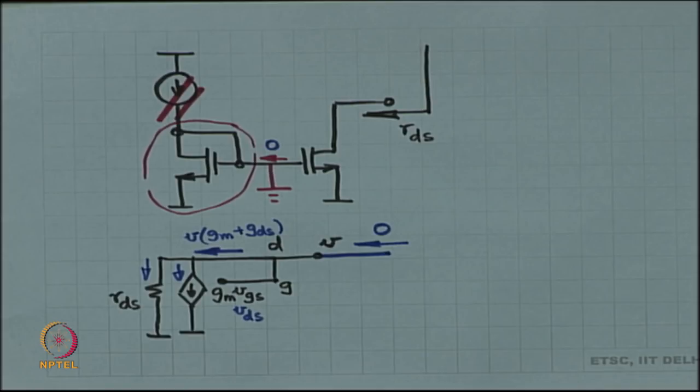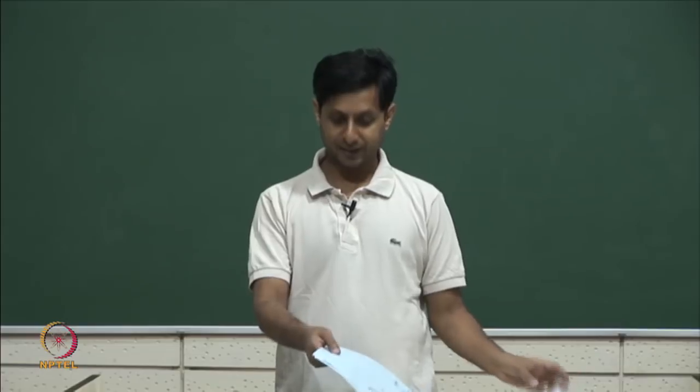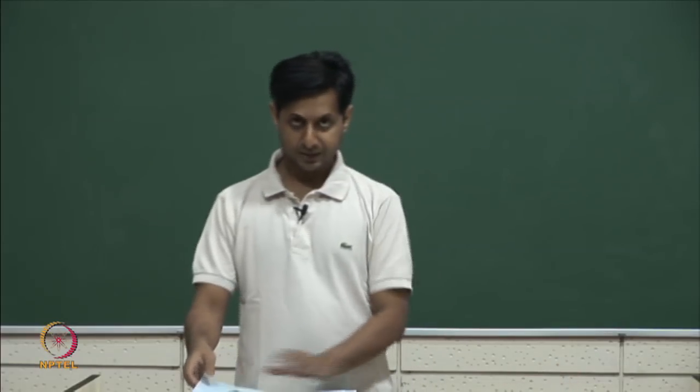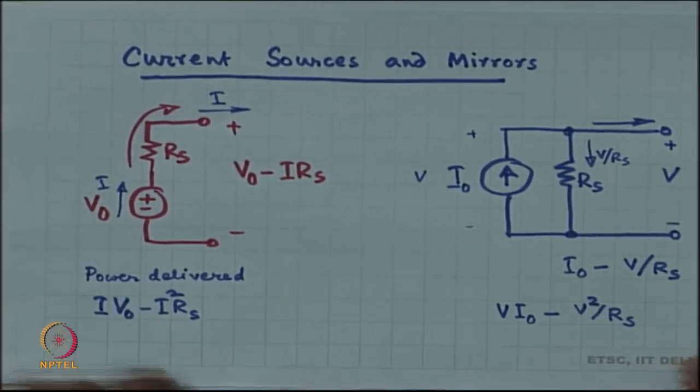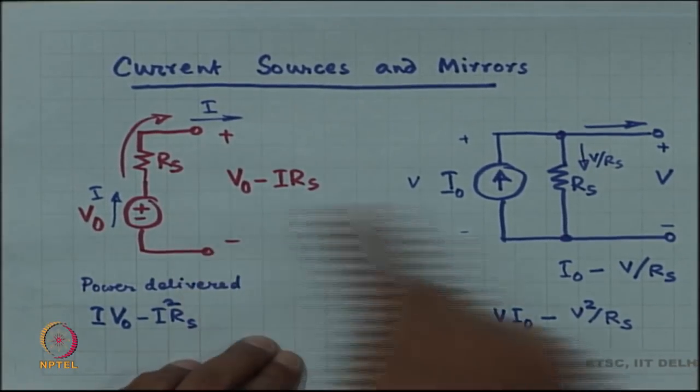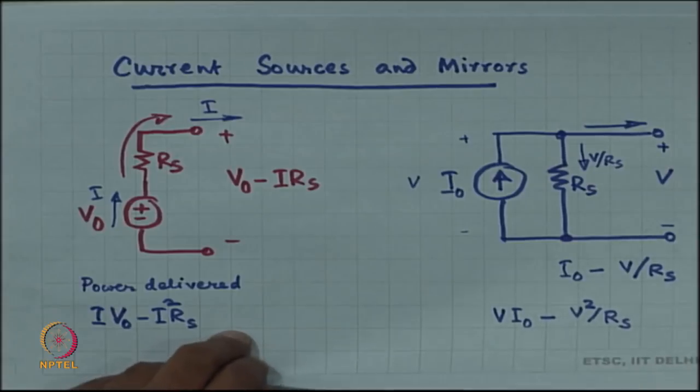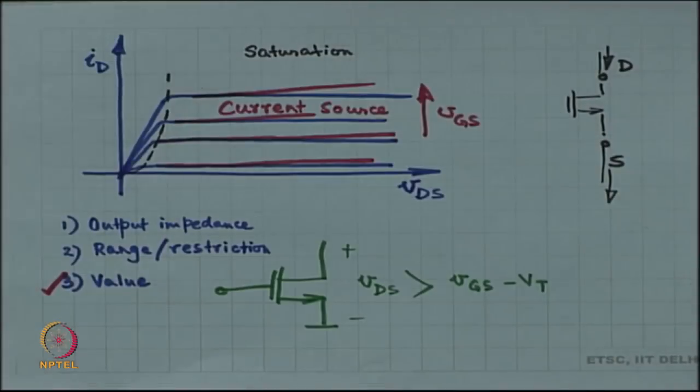So, today what we did was first we looked at the cascode amplifier, and then we started on with current sources and mirrors, where we discussed the properties of ideal and non-ideal current sources and voltage sources.